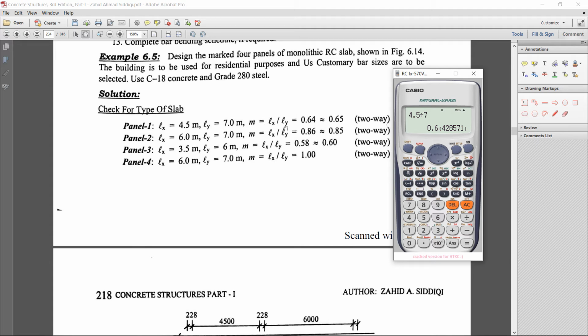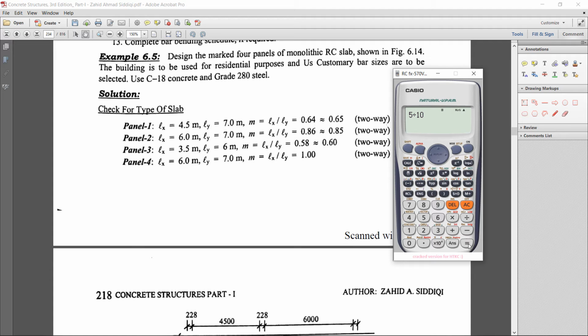Second, if you have 5 meter and 10 meter, 10 by 5 is 2, so that is a two-way slab.